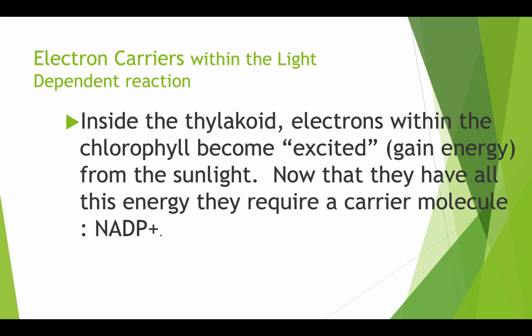So the electron carriers within the light-dependent reaction: inside the thylakoid, electrons within the chlorophyll become excited, or they gain energy, from sunlight. Now that they have all this energy, they require a carrier molecule to move them throughout the rest of the chemical process. One of these is NADP+.